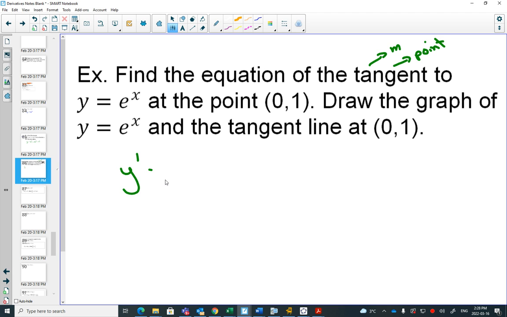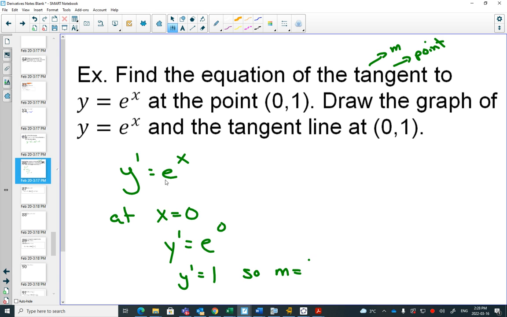That means your derivative is e to the x. And at x equals 0, y prime would be e to the 0, which is equal to 1. So we know that our slope is equal to 1.